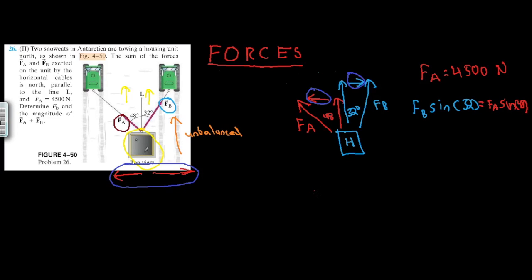If we want to refresh our rules of trig, this right here is the angle, and then let me get a different color to label these. This is the opposite, and then this is the adjacent, and this is the hypotenuse. And remember, sine 48 must be equal to opposite over hypotenuse. So FA is the hypotenuse.